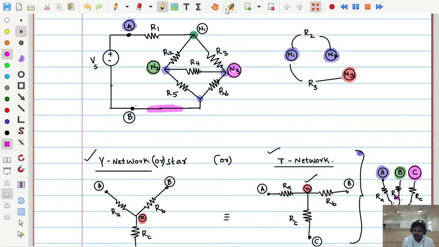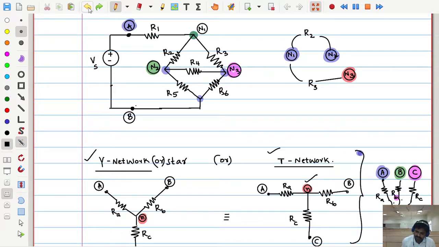We should consider persons. Persons means elements here. If no element is existing here, how can I say that some element is there? If there is any resistor here, then you can say that R5, R6 and this element are star connected. Got my point? Because no resistance is there here, we cannot say it is star connected. Okay? Got the point? Very good question.